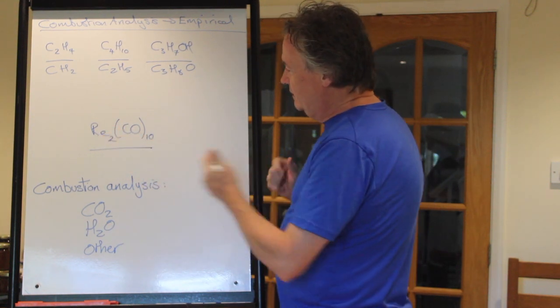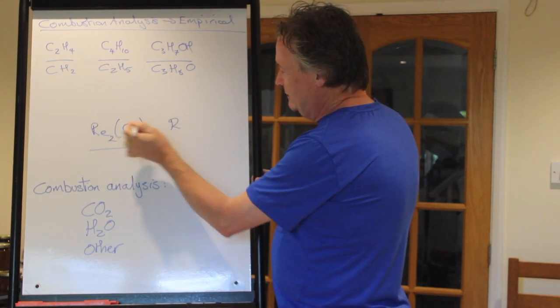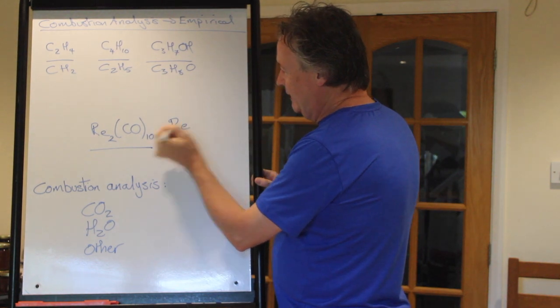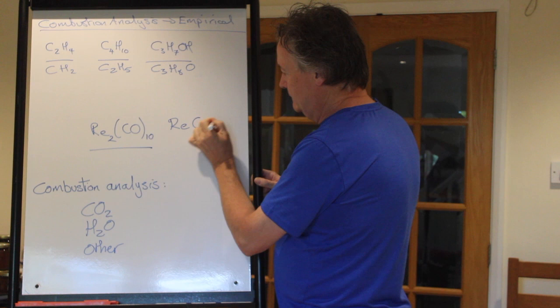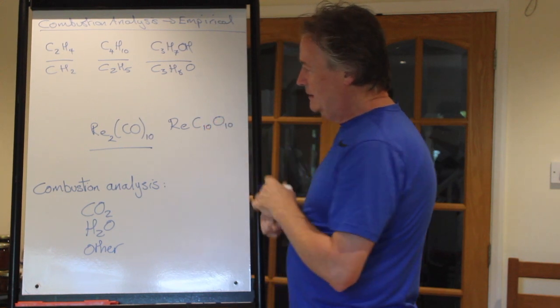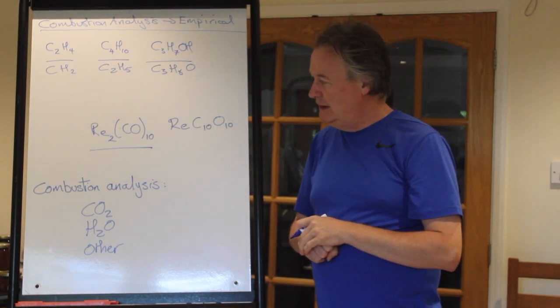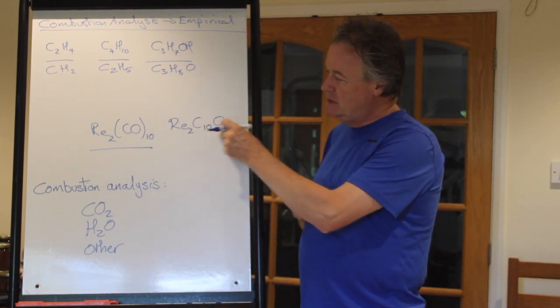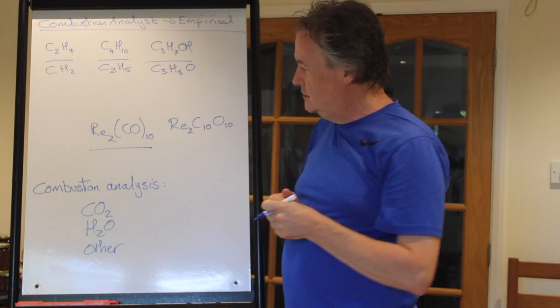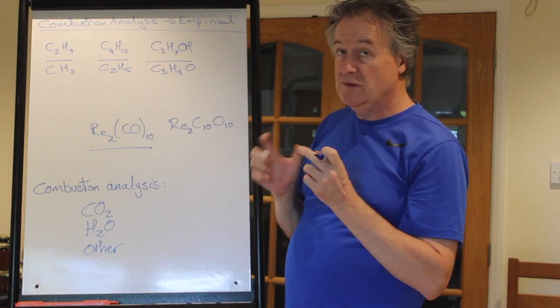So the first thing you would look at with that is go, hang on, let's get rid of the brackets and write out how many things we've got. That expands this Re, and there are 2 rheniums and 10 carbons, 10 oxygens. Interesting compound. It uses carbon monoxide.